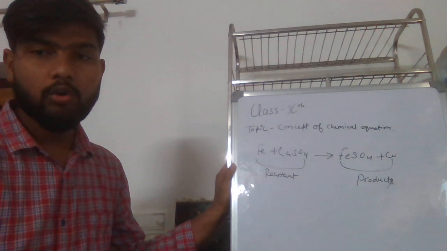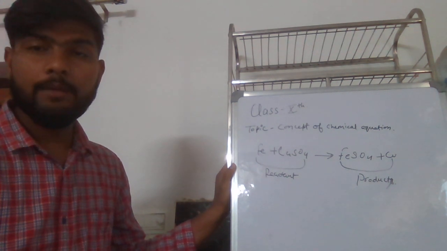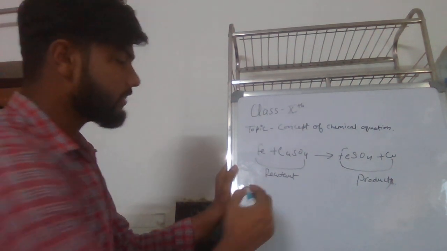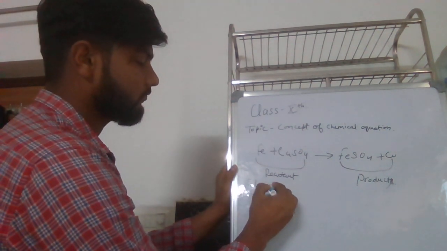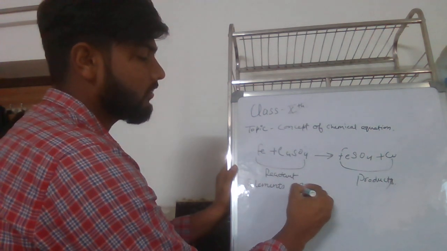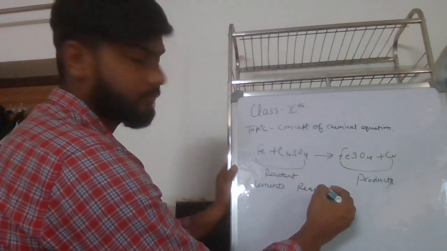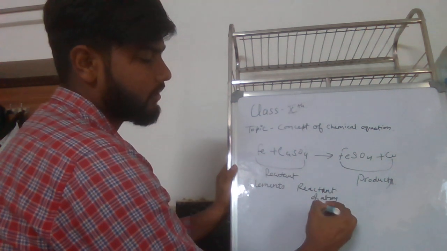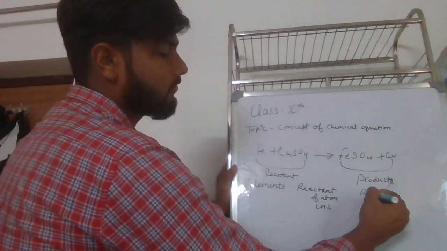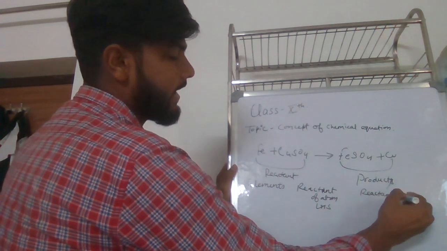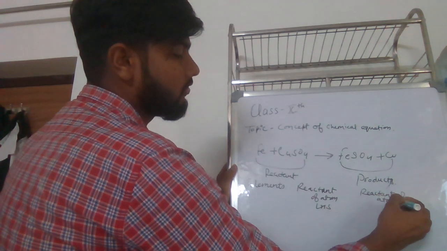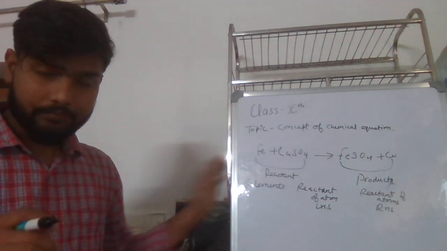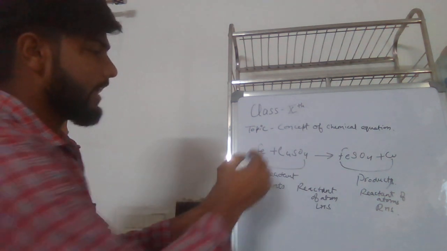Now what we have to find out here is the balanced chemical equation. First we will take the elements and the number of atoms in the reactants, the left hand side, and in the products, the right hand side.